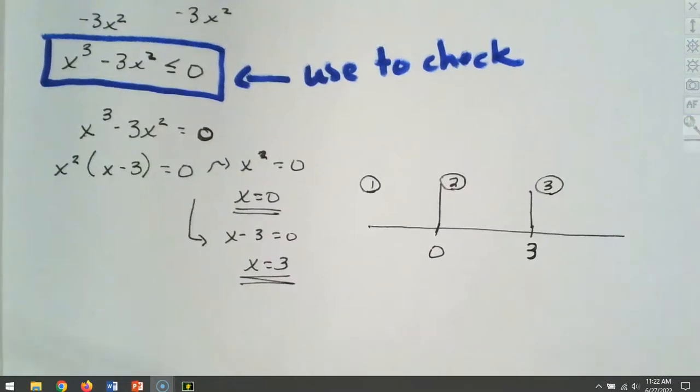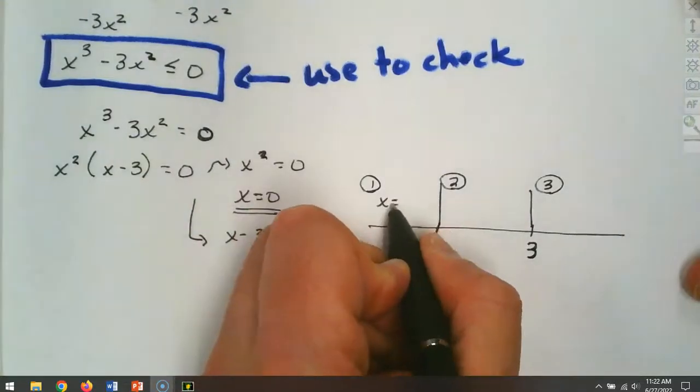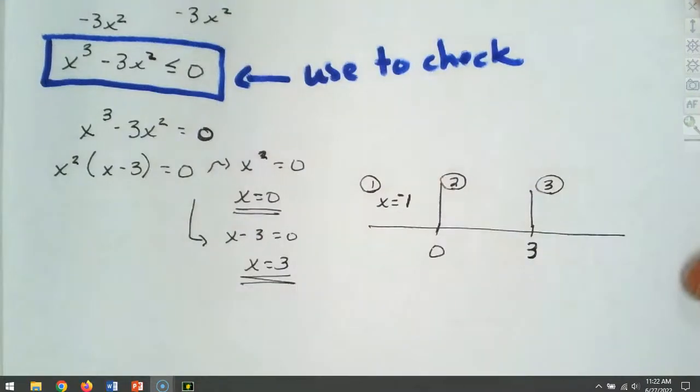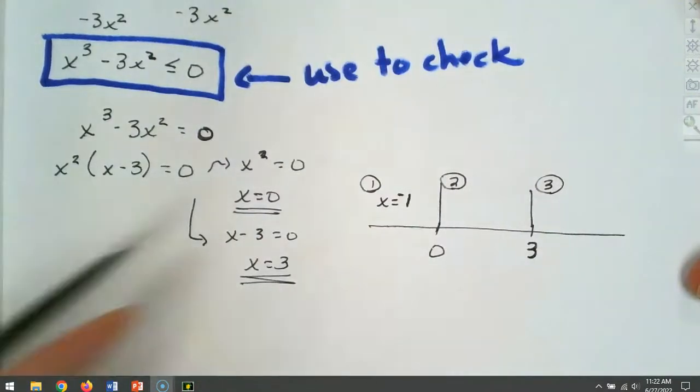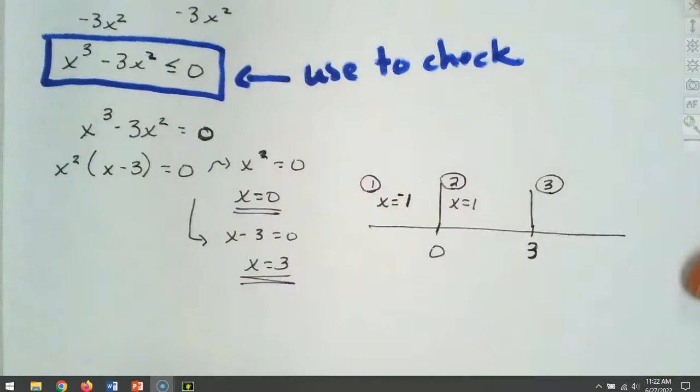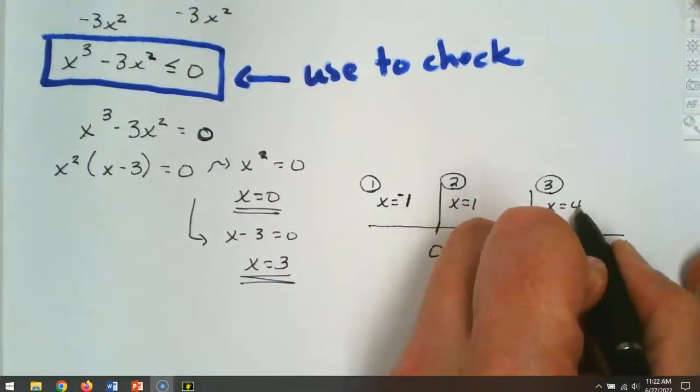And we need numbers to check. So we need a number less than 0. So how about we check with a negative 1, because that's less than 0. Between 0 and 3, so how about 1? Larger than 3, how about 4?